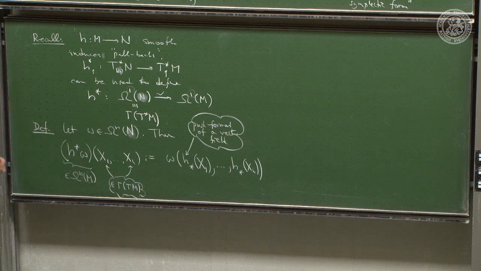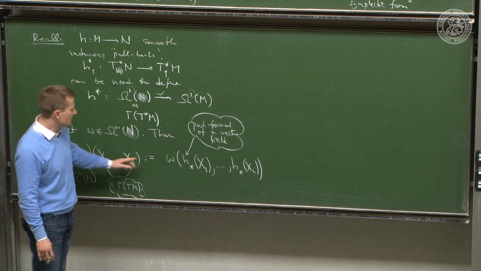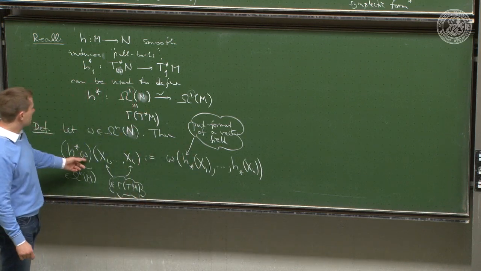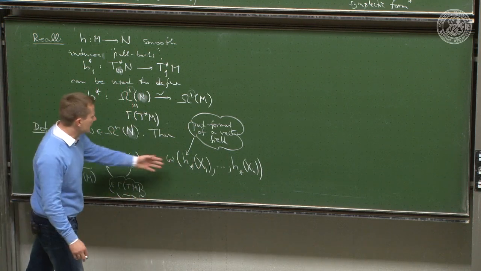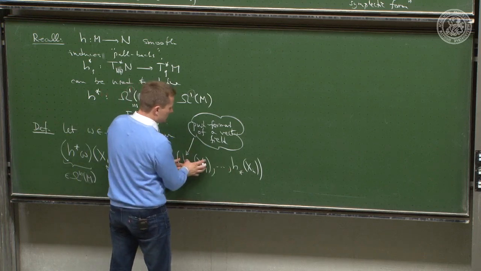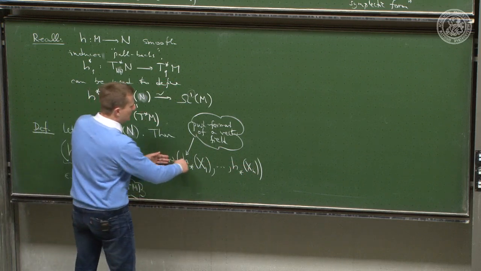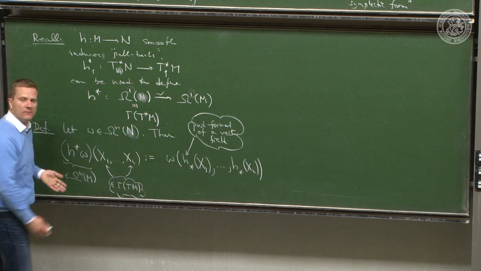Of course you've got to check whether it's C infinity linear if you put f's in here, but it is, because omega is and it jumps out. And you've got to check that it remains anti-symmetric if you want to ensure it's a form again, but obviously it does, because we only touch the individual entries, and omega is an n form, so this thing is an n form.